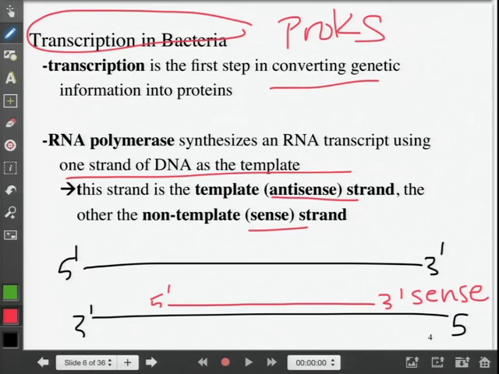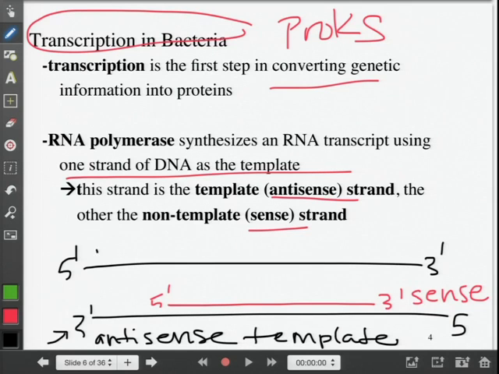It makes sense. That's what we read to make a protein. Right? Translation reads the mRNA, puts the amino acids in order, that makes our protein. So the RNA is sense. It's in the right order. Which means in order to be anti-parallel to the template strand, that makes the template strand antisense. The opposite of sense, anti-parallel to the sense, which is the RNA. I just call it template, because it is.